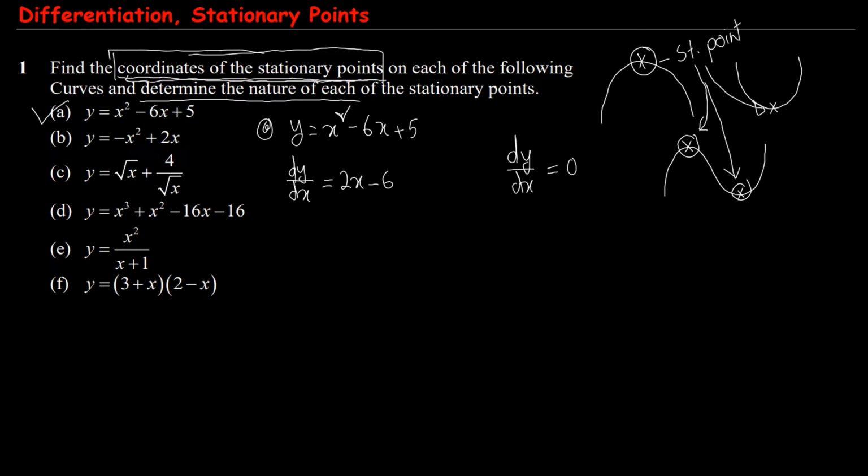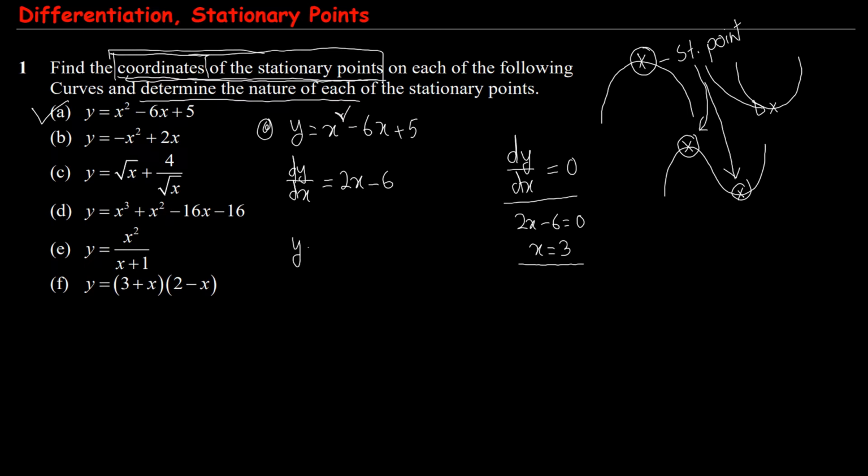So we need to consider dy by dx equals 0 right now. Let us write 2x minus 6 equals 0. Then we get x equals 3. This is the x value of the stationary point, and now we have to find the y value because the question says coordinates. Coordinates means both x and y values.